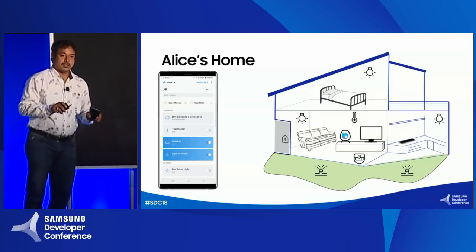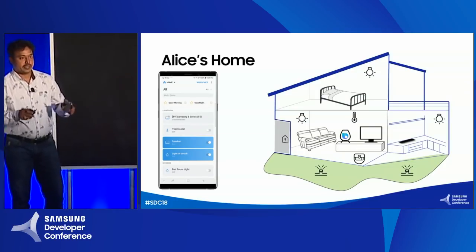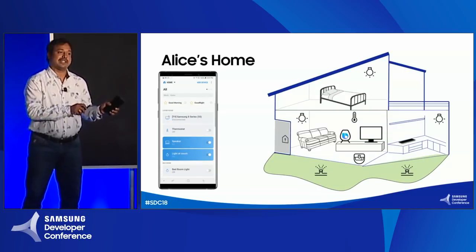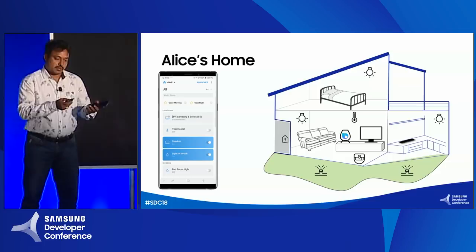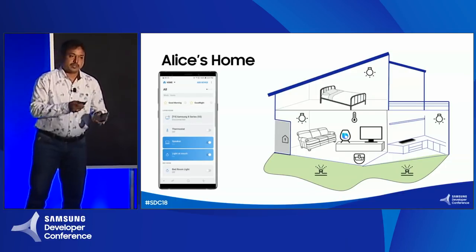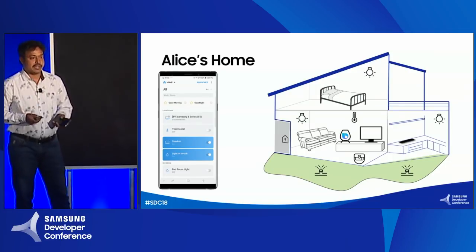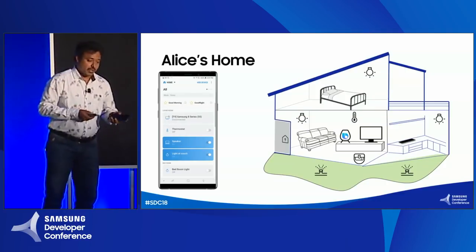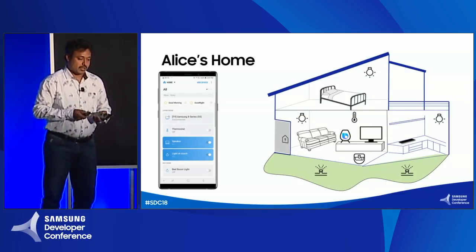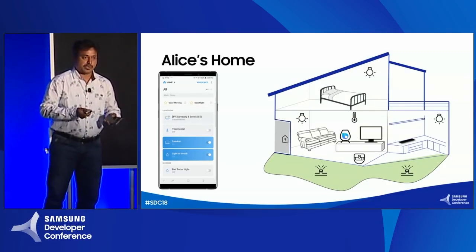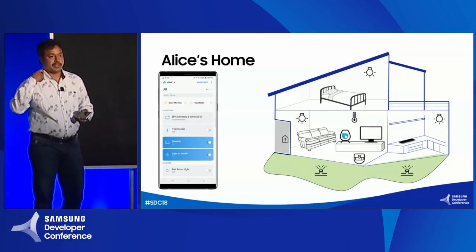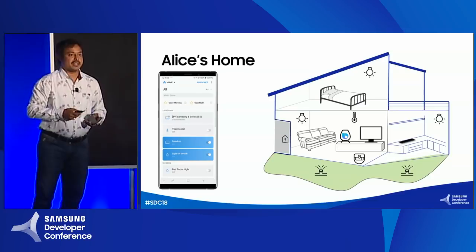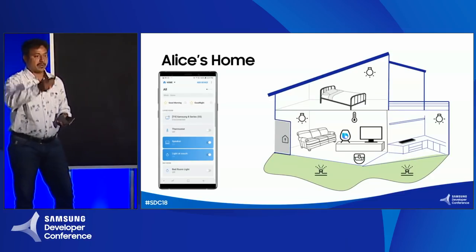So all these are virtual devices which we created using the SmartThings developer workspace. Even though these are virtual devices, these are exactly the same as your real devices. And using these devices, I'm going to show you some use cases. The similar use cases you can even try in our SmartThings exhibition booth with real devices.